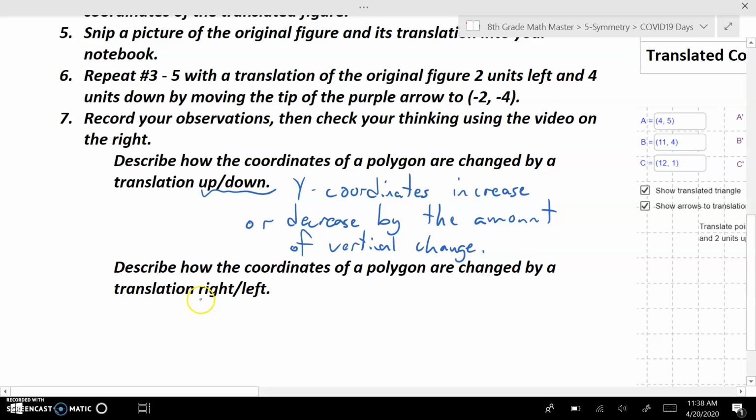And then when we're moving it right or left, same idea, but it's with our x coordinates. So the x coordinates increase or decrease by the amount of horizontal change.